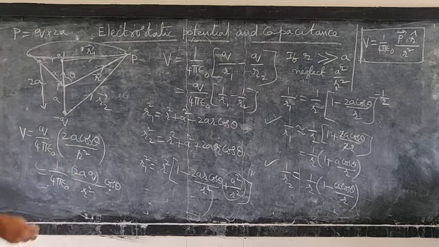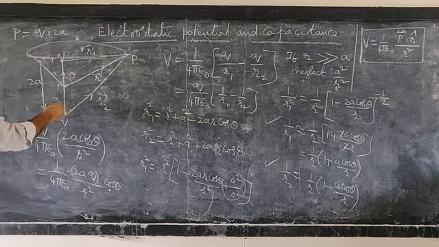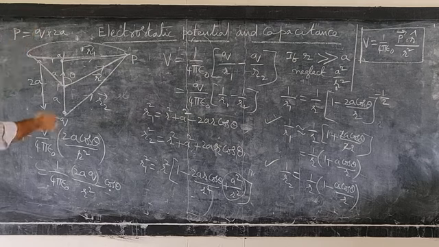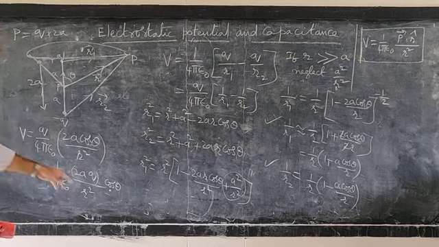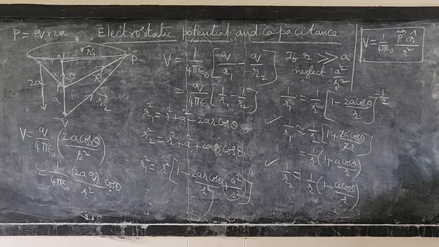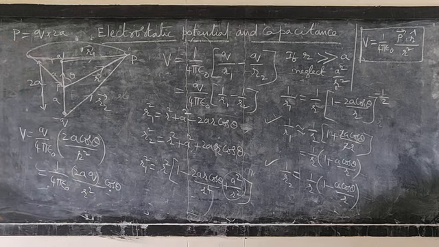And one more point. If the point P lies exactly on the axis of the dipole, theta will be 0 or pi. Theta being 0 or pi means the potential will be maximum, because cos 0 or cos pi gives plus or minus 1.